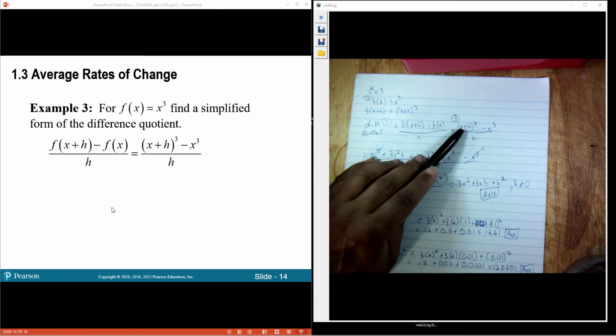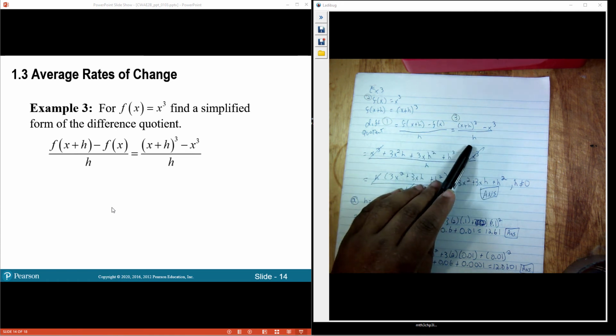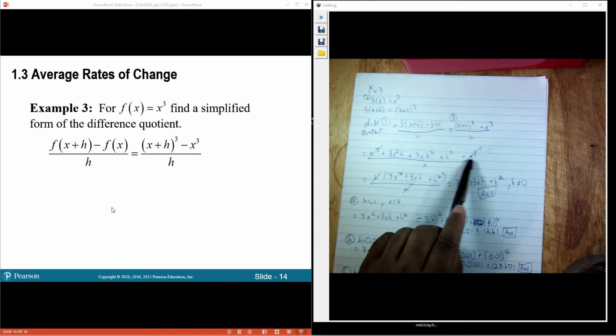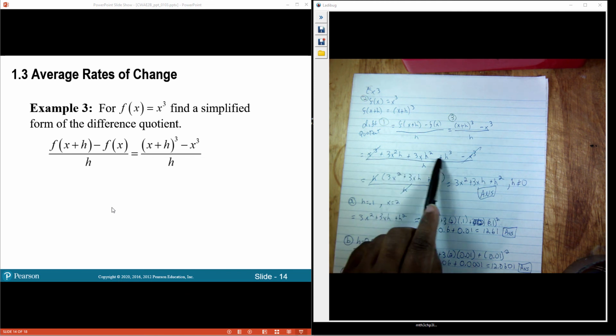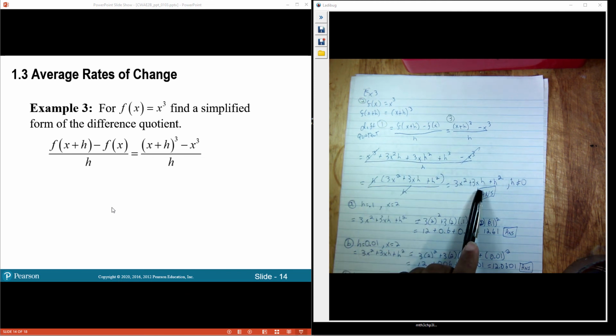Then the third thing I did, I plugged in. Then I expanded this out. The x cubed minus x cubed cancels. There's a common factor of h here, so I factor it out. The h cancels. After all that is done, that's my answer.